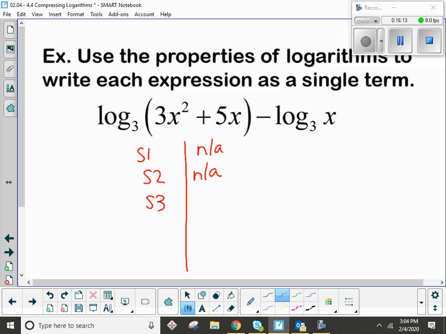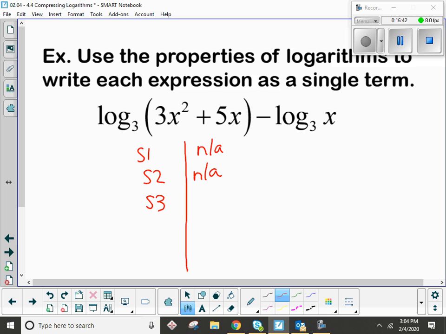So read step 3 to yourself, please, with your eyeballs in your brain. If your logs are subtracted, divide the values following them.